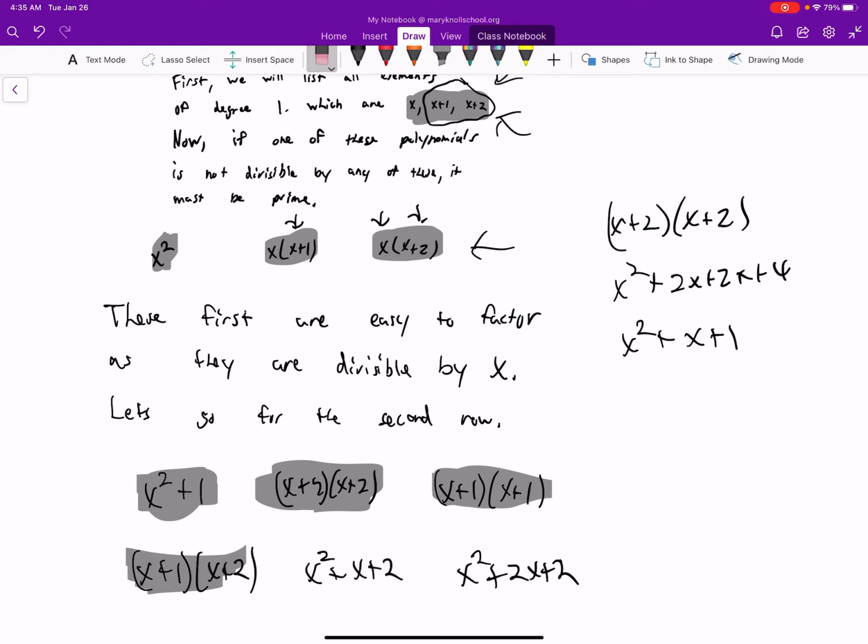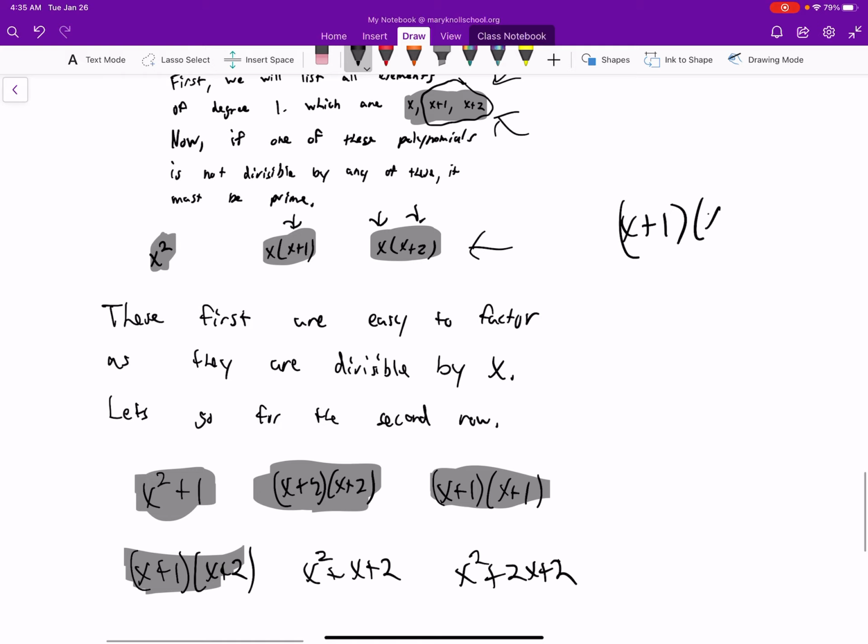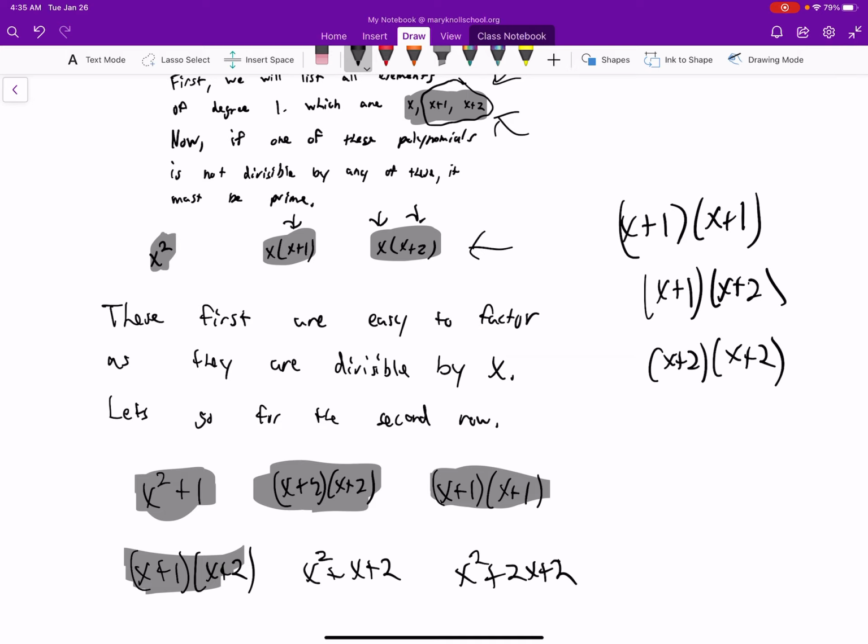All right, so then we can just keep going like this and find more and more. Although that's all of them, right? So x plus 1 times x plus 1, x plus 1 times x plus 2, and finally x plus 2 times x plus 2, and the rest should be prime. And sure enough, they are.